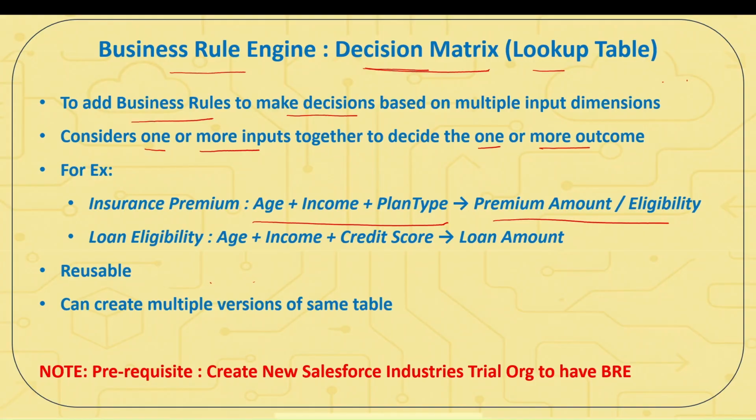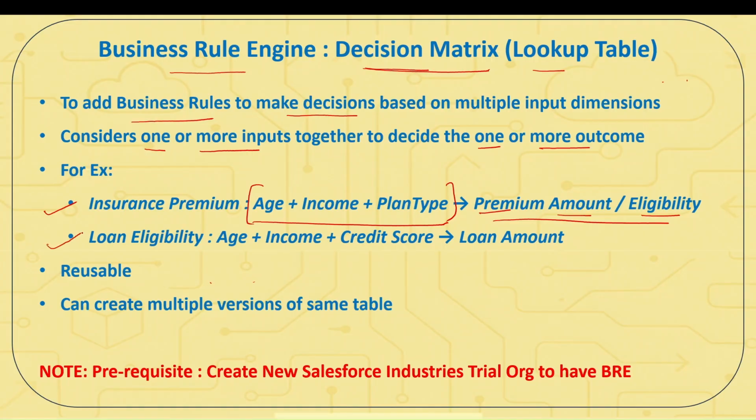If we take the insurance premium example, there will be some input like age, income, plan type, and our decision matrix will give us output: a premium amount if you want to purchase that insurance, or whether the person purchasing the insurance is eligible to take the plan or not.